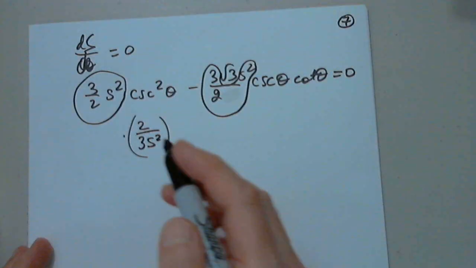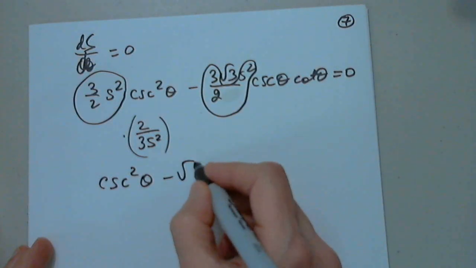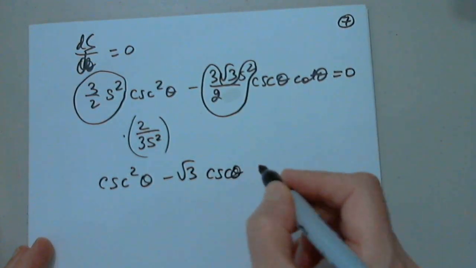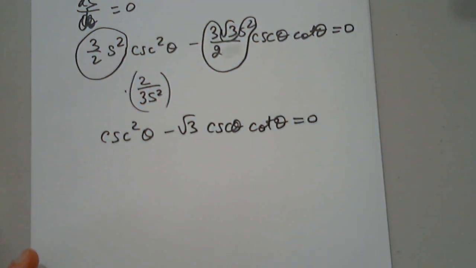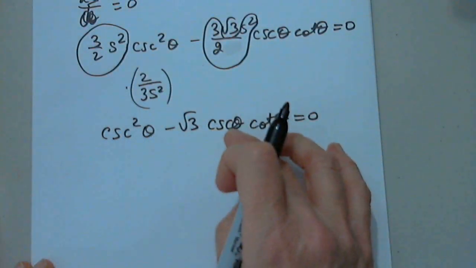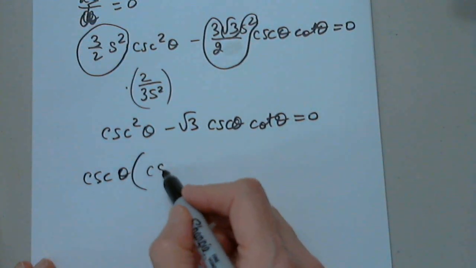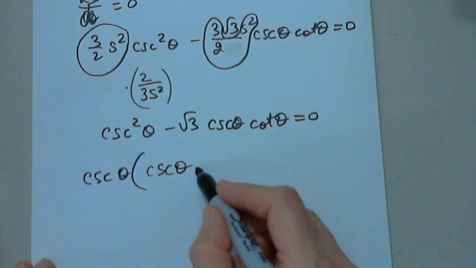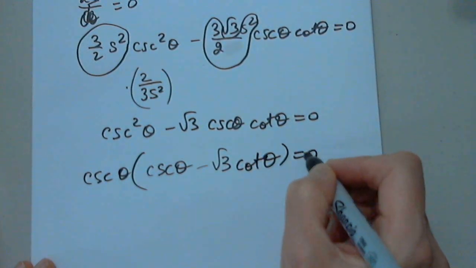So we clean this up. So we have cosecant squared theta minus the square root of 3 cosecant theta cotangent theta. This looks much better, much better. Okay, so now I will factor out a cosecant theta, and I have cosecant theta minus the square root of 3 cotangent theta equals 0.